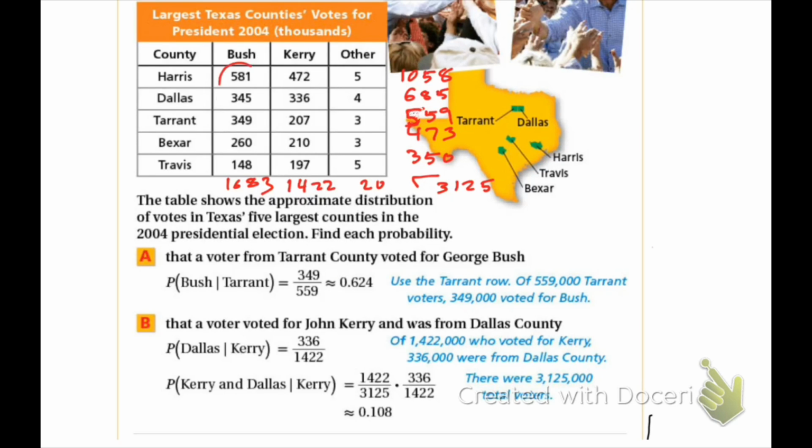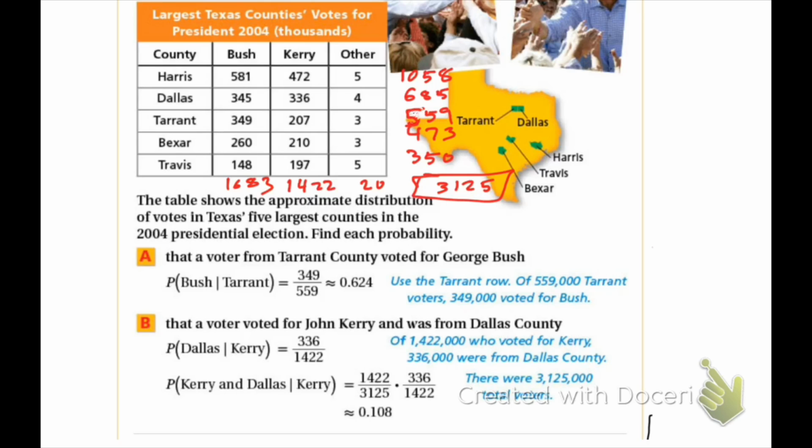So we're going to add up this whole row, this whole row, this whole row. I should say column. And we'll add this row, this one, this one, this one, and this one. Then we calculate the total number of votes, which is 3,125,000 total voters, because this is in thousands.